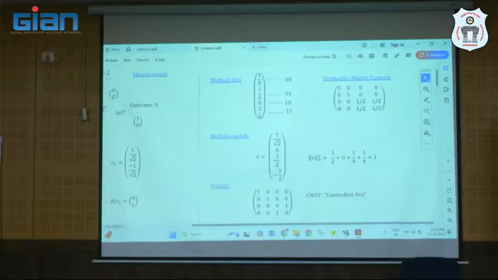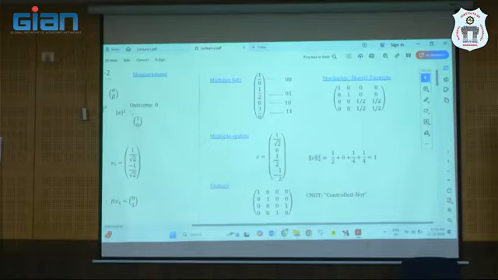Stochastic matrix example: now I have a 4 by 4 matrix. Earlier we had a 2 by 2 matrix, now we have a 4 by 4 matrix. Let us say one example of a stochastic matrix. But the properties remain the same as we said before.